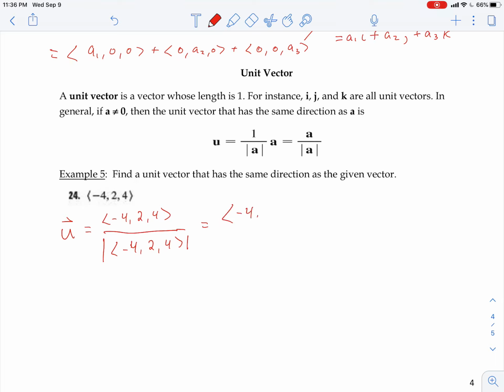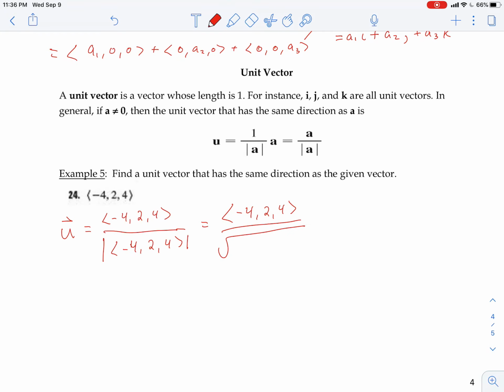And so now to find that, I'm just going to do the square root and square each term. So negative 4 squared plus 2 squared plus 4 squared.